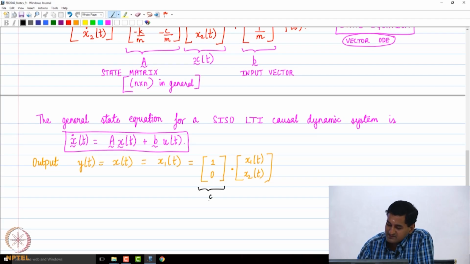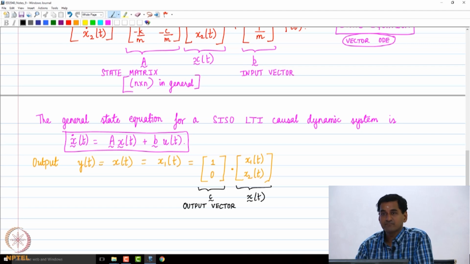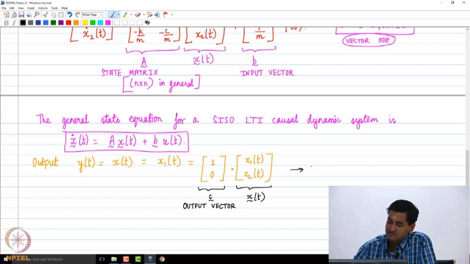This vector is denoted by a vector c, which is called an output vector, and this is my vector x of t, right. So, this equation is what is called the output equation.